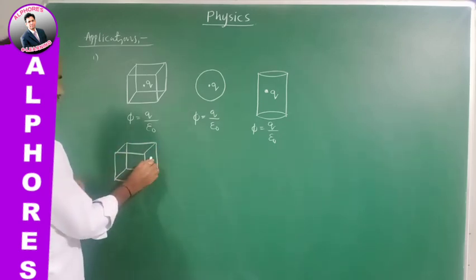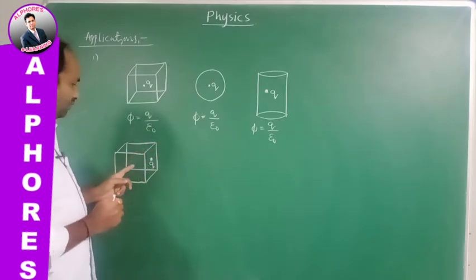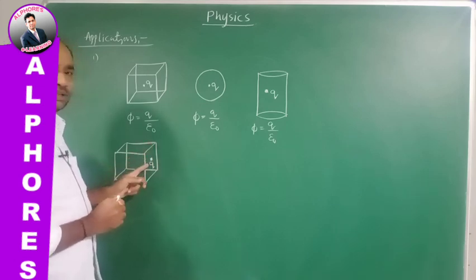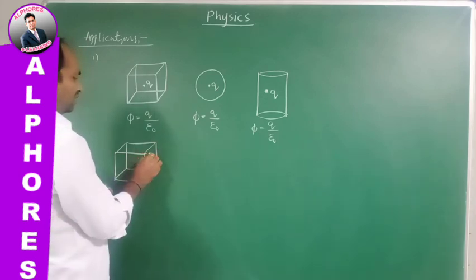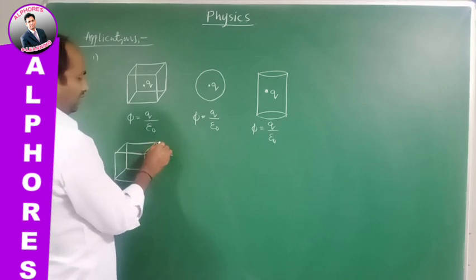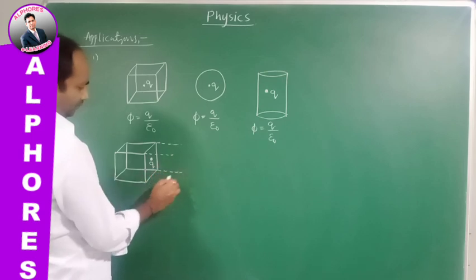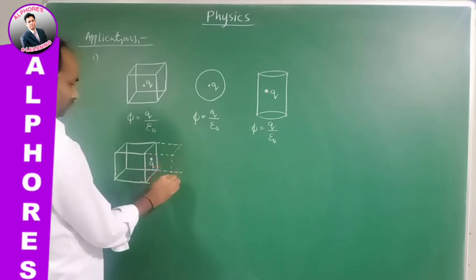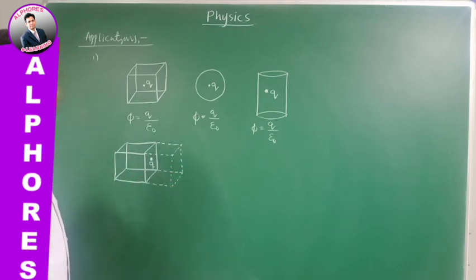If we place the charge q at the center of one of the faces of the cube, not at the center of the cube, then to enclose this charge we require another identical cube here.